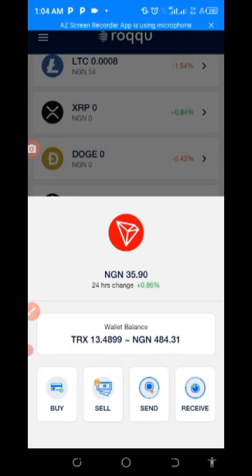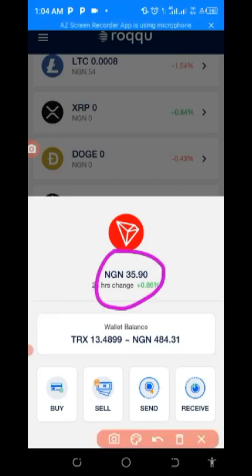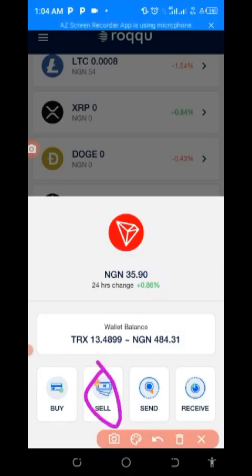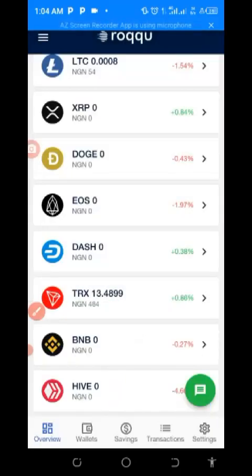I don't waste my time because I have a daily target. Immediately it changes, I press the sell button directly and I sell it.